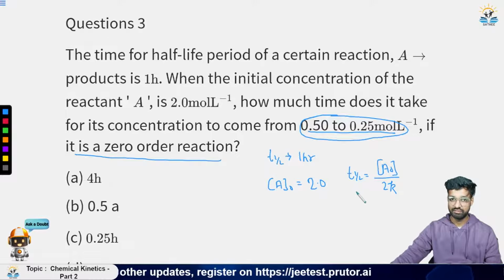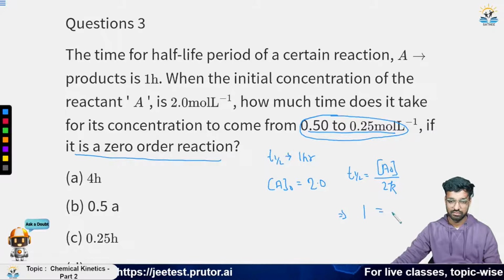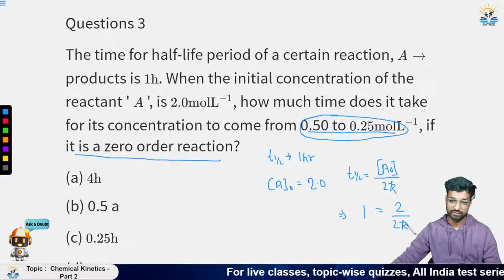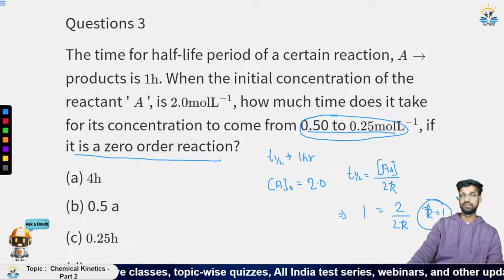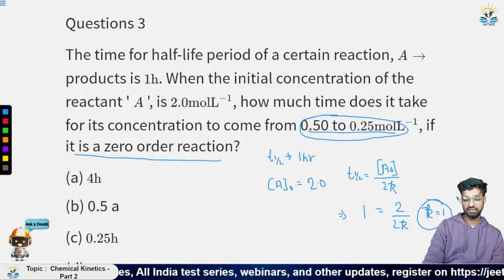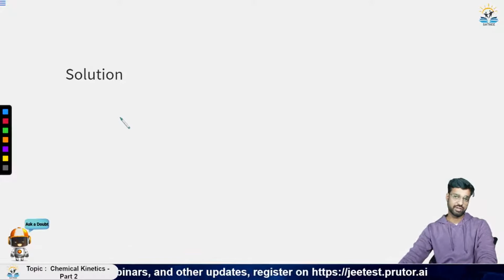So if you put this value here, that is 1 hour, and A naught is 2, then we have 2k, and k will be equal to 1. Okay, so you will find the value of k. Now we'll put this value of k in the zero order final integrated law and you will get an answer. You can see the solution also.